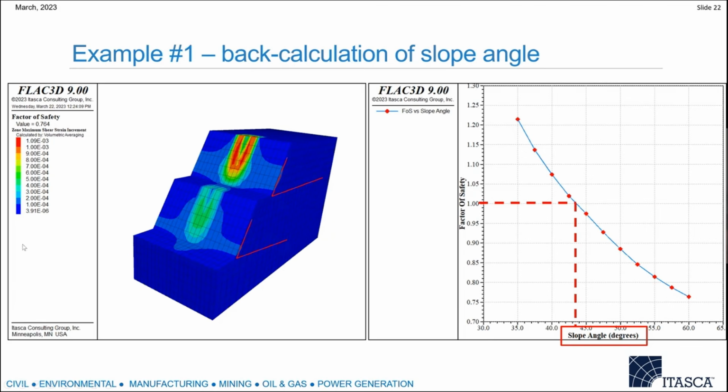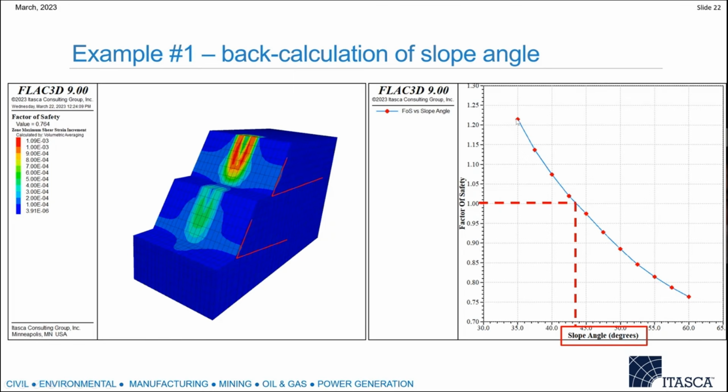For some slope design, we don't know the slope angle, so we use FLAC3D to calculate multiple cases with different slope angles. For each slope angle, we calculate the factor of safety, and then we plot the pairs of factor of safety and slope angle.